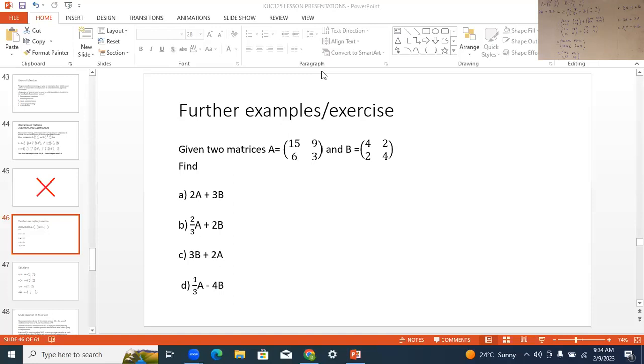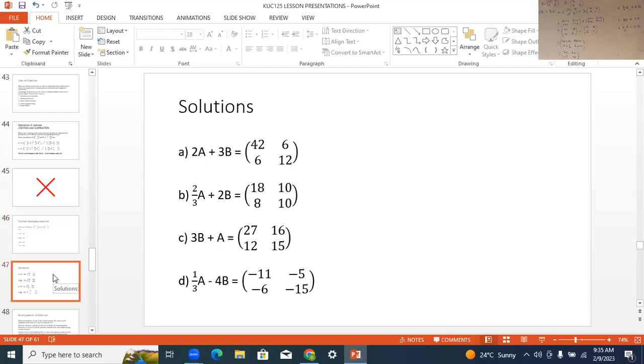So are we through? Check and compare with the results that are on the screen. Check and compare.